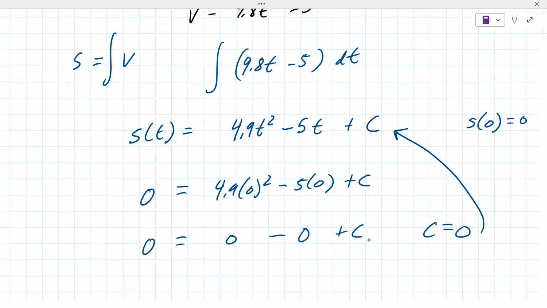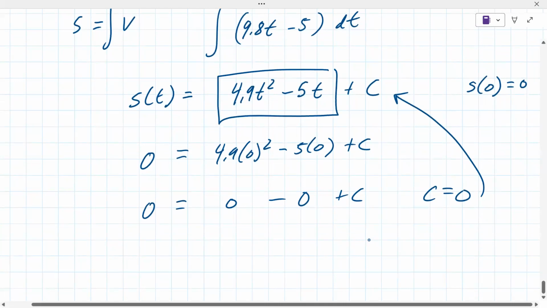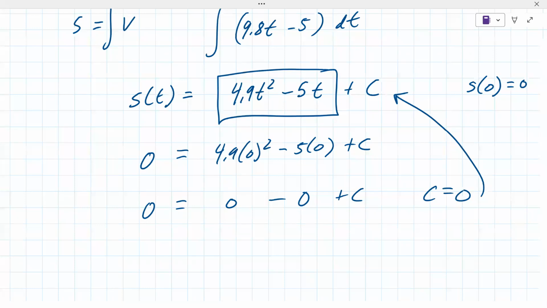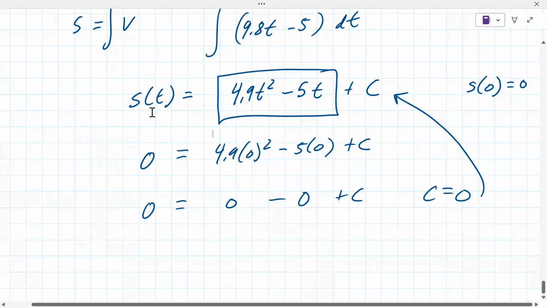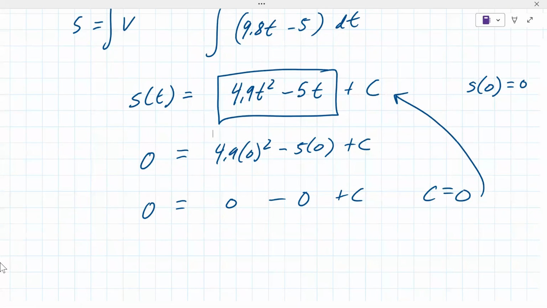All right, so your s of t is just this. So the main thing is you integrate twice, you use both initial conditions, and then you get your position function.